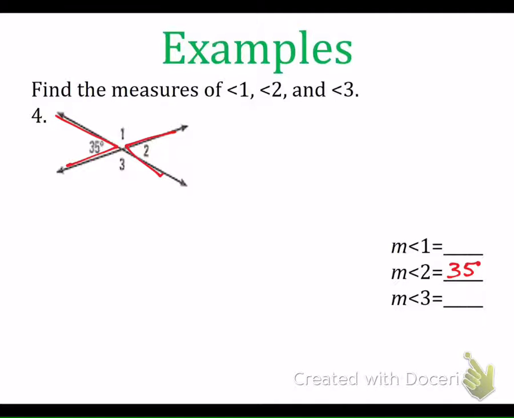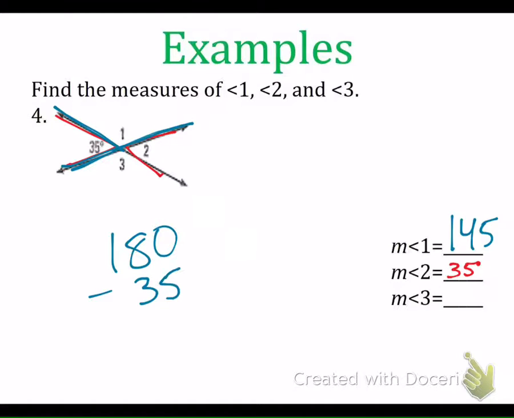All right, angle 1 and angle 3 are both missing. 145. How'd you get 145? Because they add to 180. Yeah, these two are a linear pair. Angle 1 and the angle we were given. So I can do 180 minus 35. I get 145. Now, what do I know about 1 and 3?